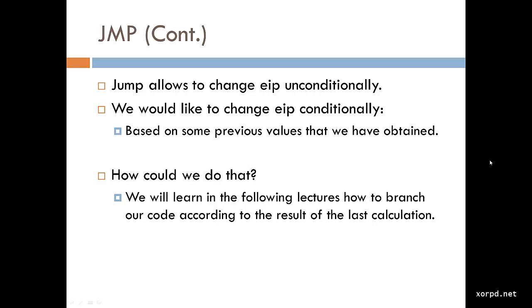Jump allows us to change EIP unconditionally. We would like also to change EIP conditionally, maybe based on some previous value that we have obtained. But how could we do that? That is something that we are going to learn in the future lectures. We are going to learn how to branch our code according to the result of the last calculation.